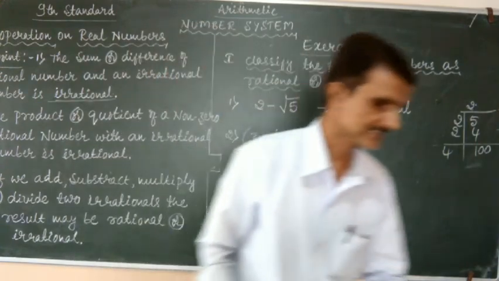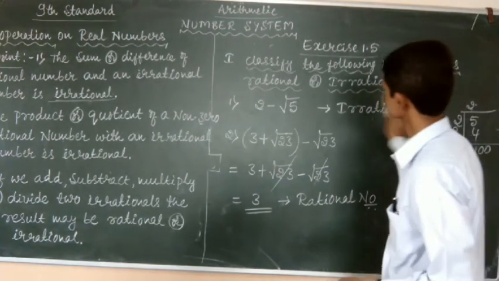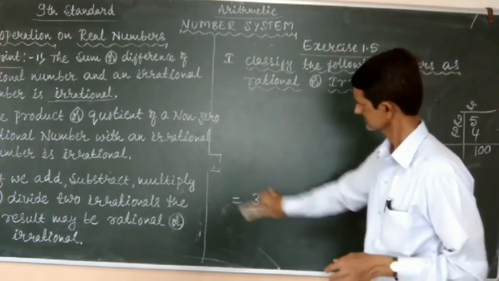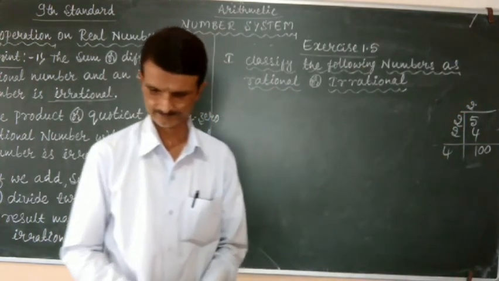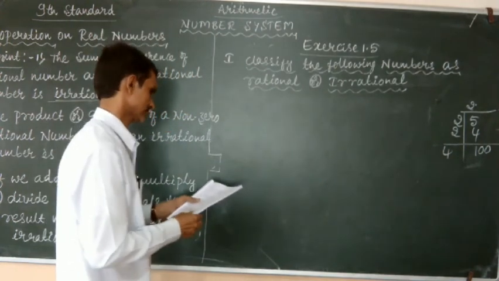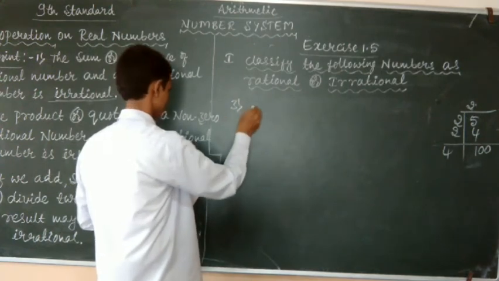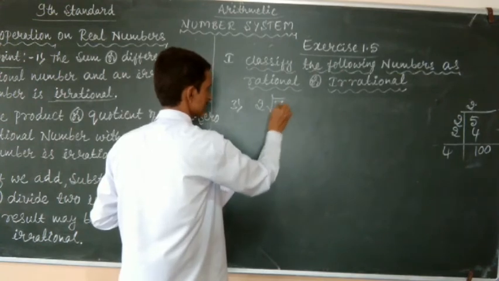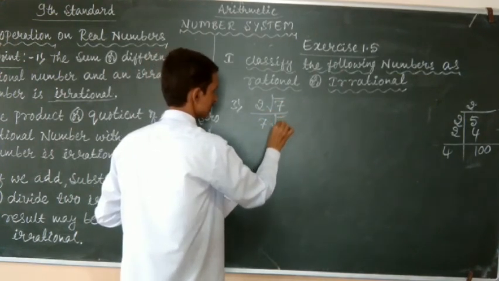Friends, now we shall see the next problem. The third one is 2 root 7 by 7 root 7.